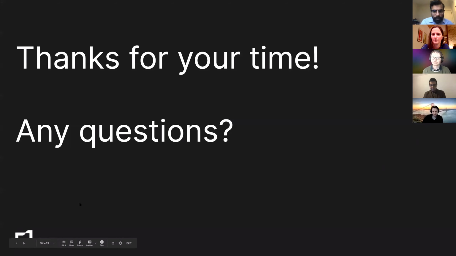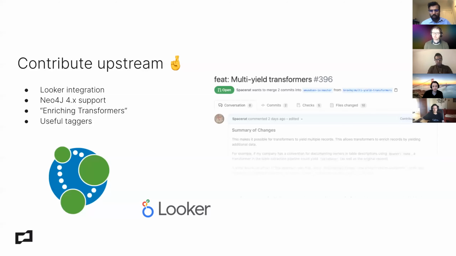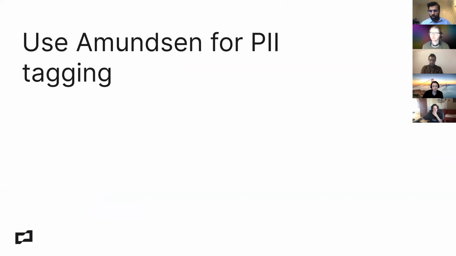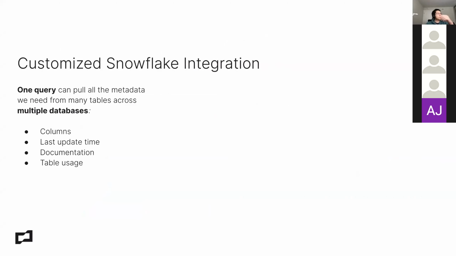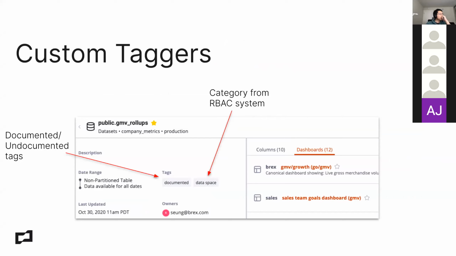I have a question, Mark. I saw at some point you talked about how you use tagging to mark things like documented, not documented. Are those auto-generated, or do you allow users to edit those? So these are auto-generated.